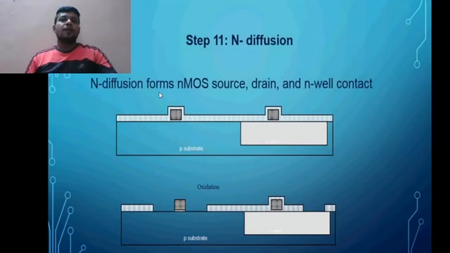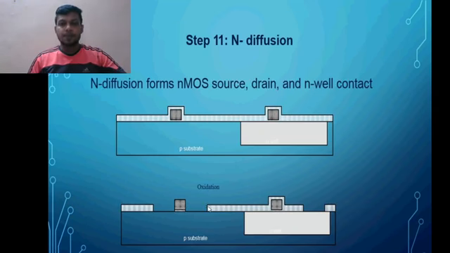So N diffusion, here in this case, N diffusion is formed. It forms the NMOS source, drain, and N well contacts. So here you can see the source, drain, and N well contacts.